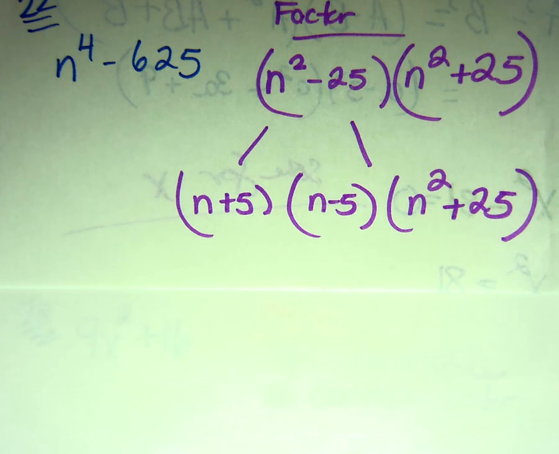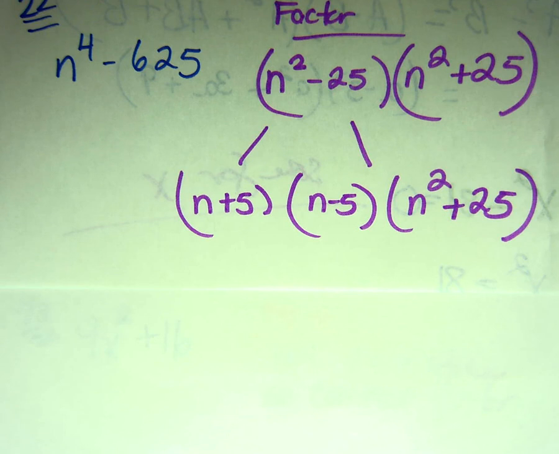This one is very similar. Instead of having squares, we have something to the 4th power. So you might need your calculator for this one. Notice how I factored out and I broke it down. I know that n to the 4th is created by having an n squared right here and an n squared right here. I also knew that 25 times 25 gave me 625.